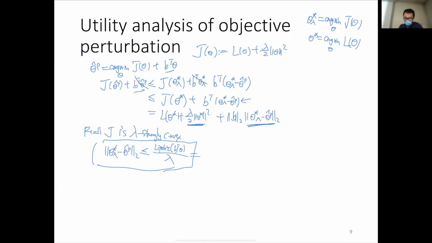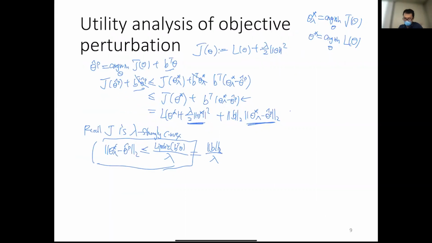This is equal to just the norm of B over lambda, which further allows us to bound this term, plus just 1 over lambda times norm of B squared.